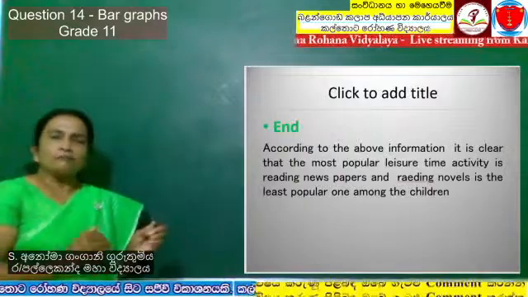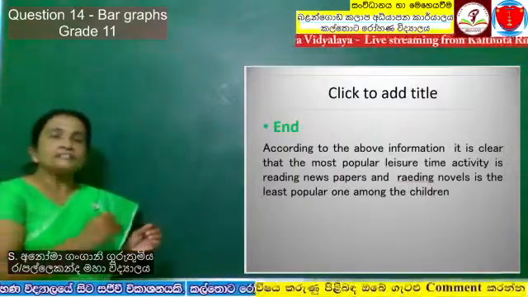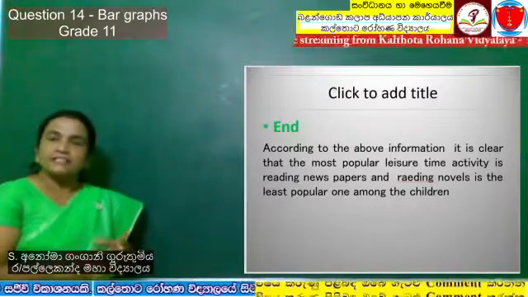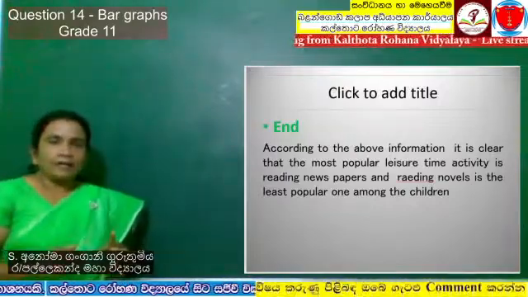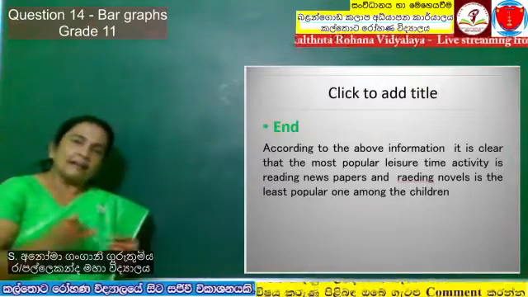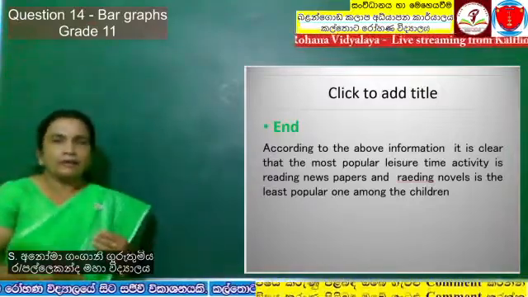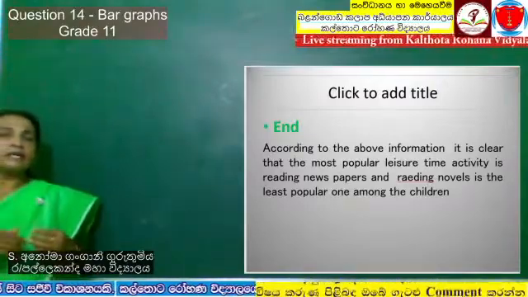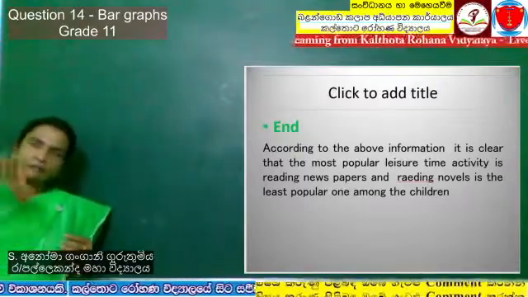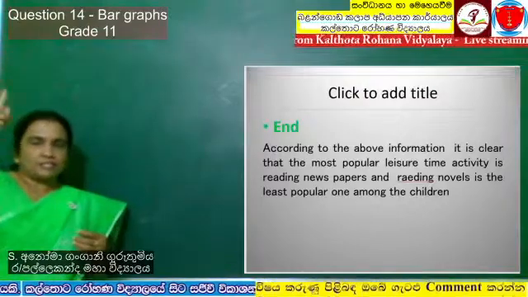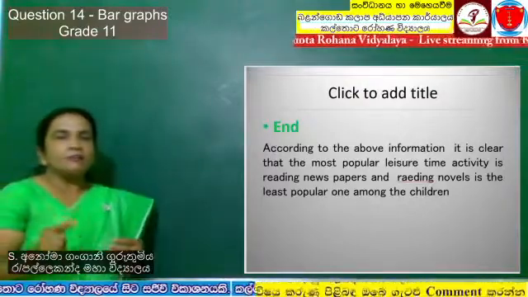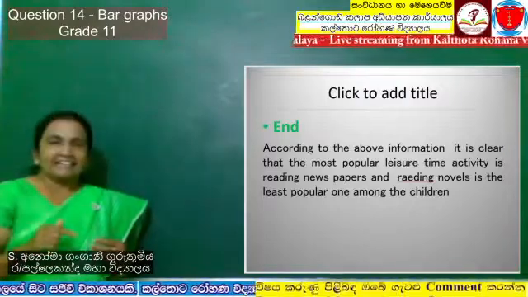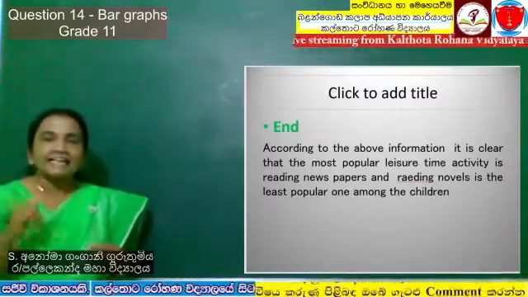Right. Now we are going to end this description. Now we are going to write this way. Now see the sentence. According to the above information, not following, above information. According to the above information, it is clear that, right? You have a clear idea now.